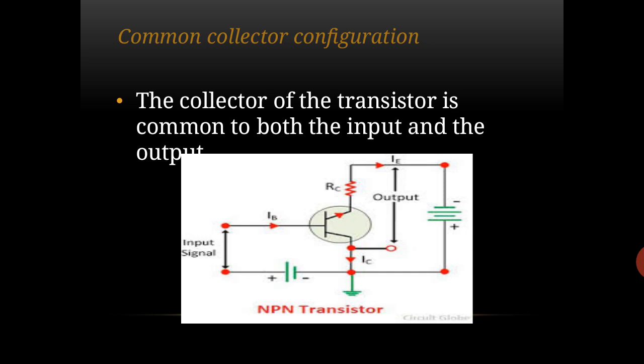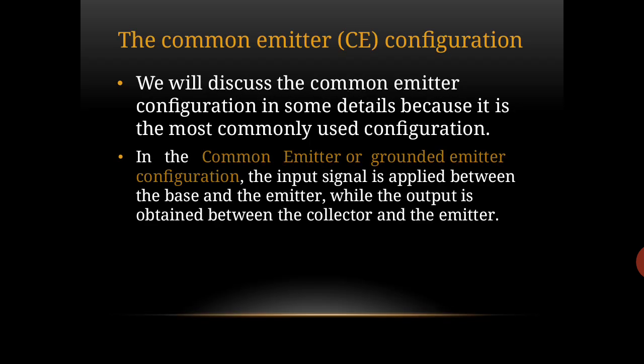So in this way you need to understand how this NPN transistor is used as a common collector configuration. We can use a PNP transistor also. But among these three types of configuration, the common emitter configuration is very useful and generally it is used.